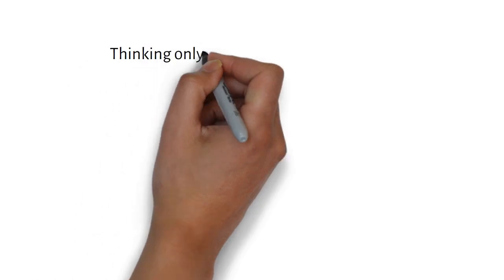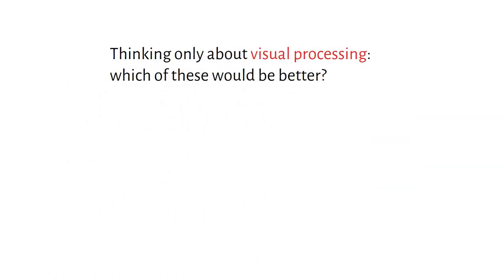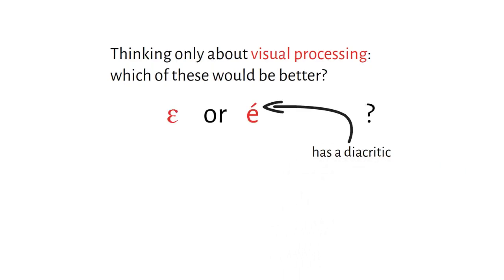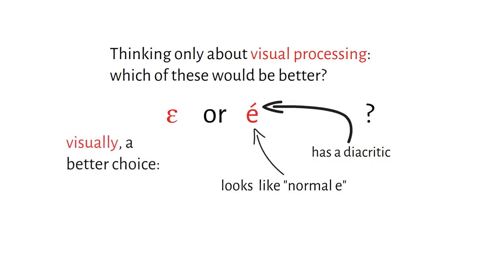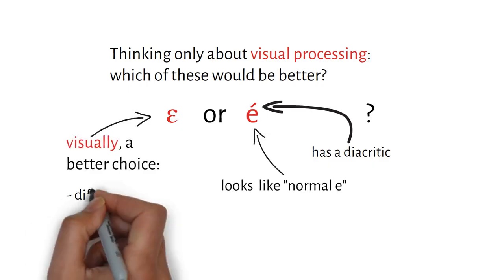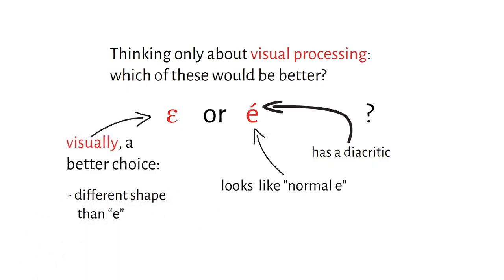Thinking only about visual processing, which of these would be better? The second one has a diacritic. It also looks like the normal E letter. So, thinking only of visual processing, the first one would be better because it has a different shape than the E and no diacritic.